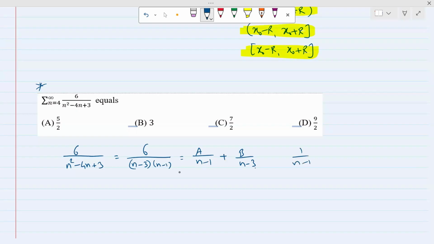Simply try computing 1 upon n minus 1 minus 1 upon n minus 3. So what will you get as the answer? n minus 3 minus n plus 1, so you will have minus 2.